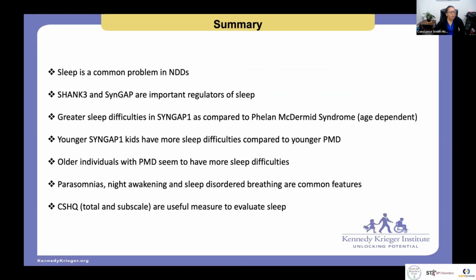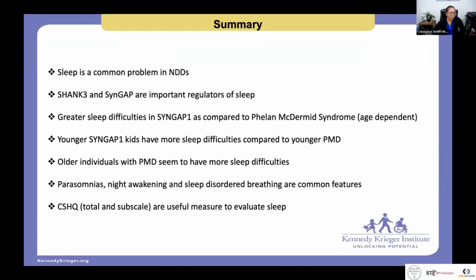So in summary, we see that sleep is a common problem in NDDs in general. Both the SHANK3 and the SYNGAP1 protein are important regulators of sleep. We see from our data that there are greater sleep difficulties in individuals with SYNGAP1 when we compare them to those with Phelan-McDermid, and we believe that this is dependent on age.